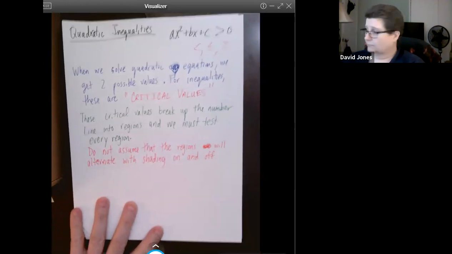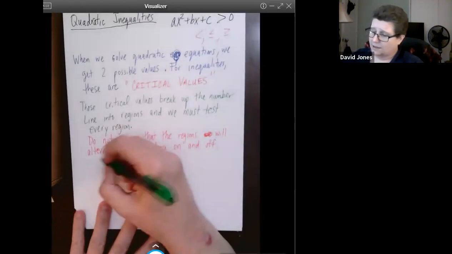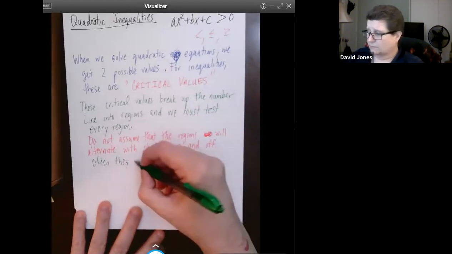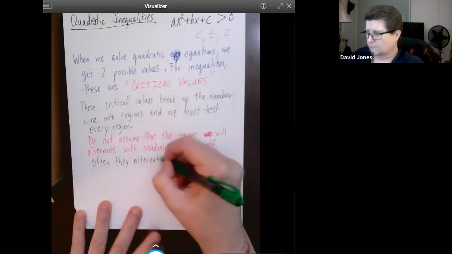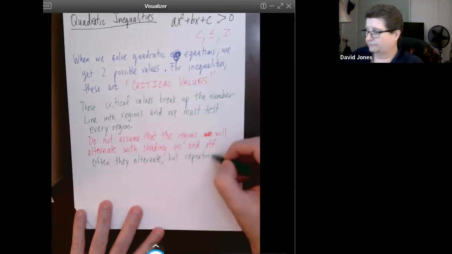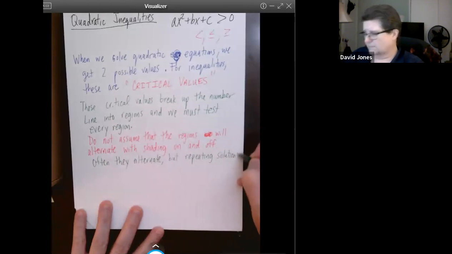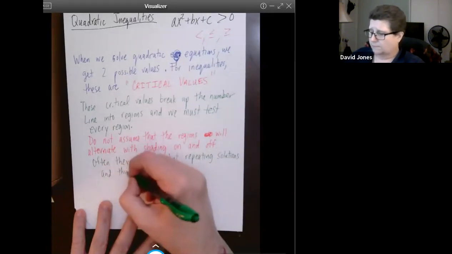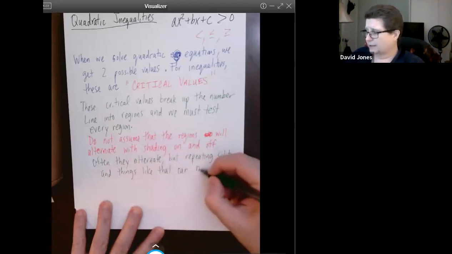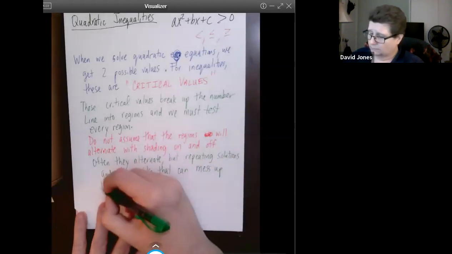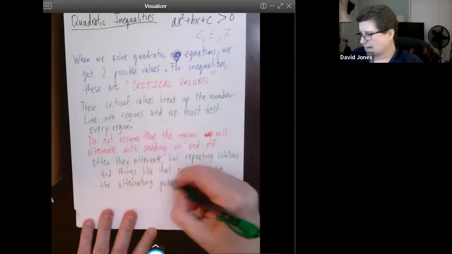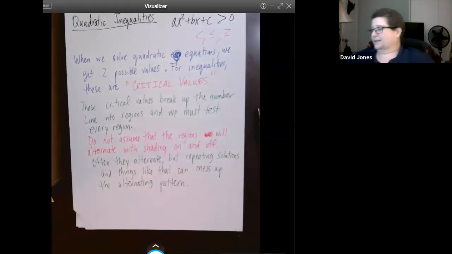Often they alternate. But repeating solutions and things like that can mess up the alternating pattern. And I haven't shown you it yet, but you're going to see that they often alternate.